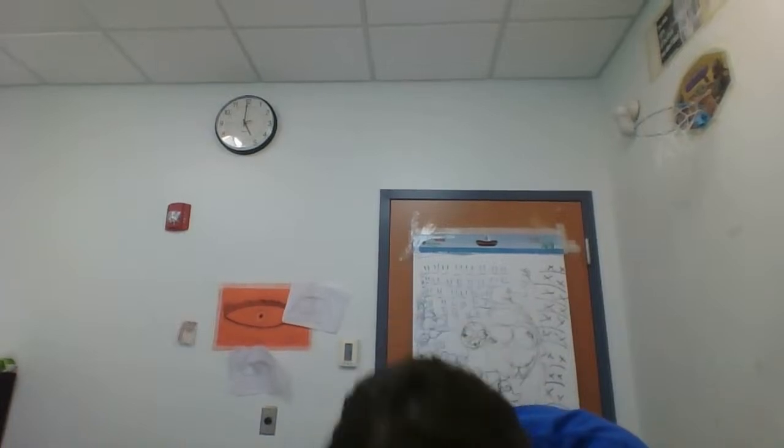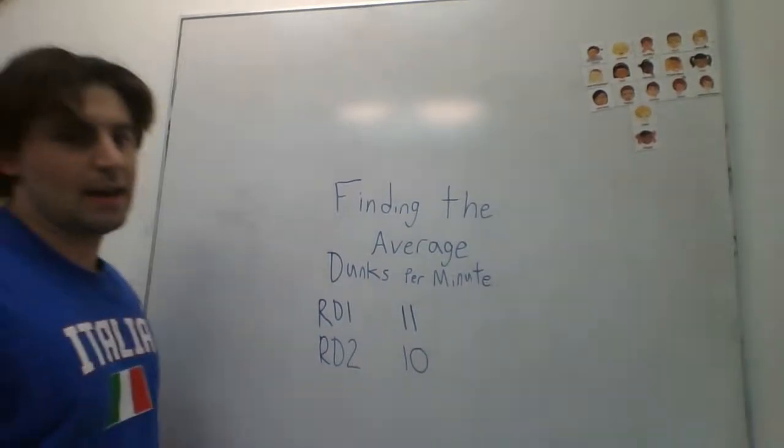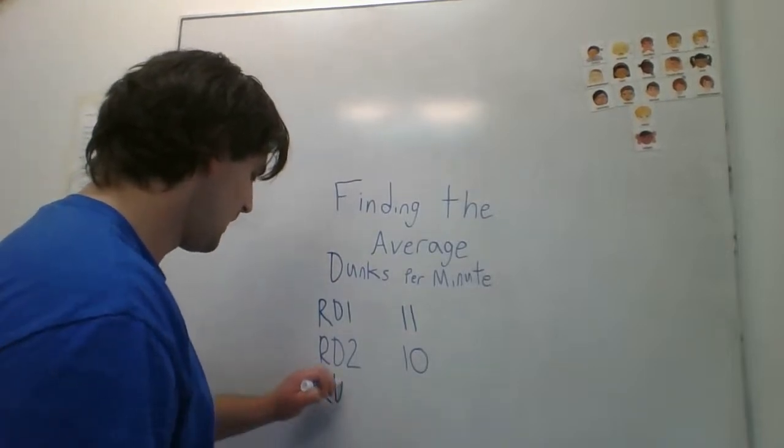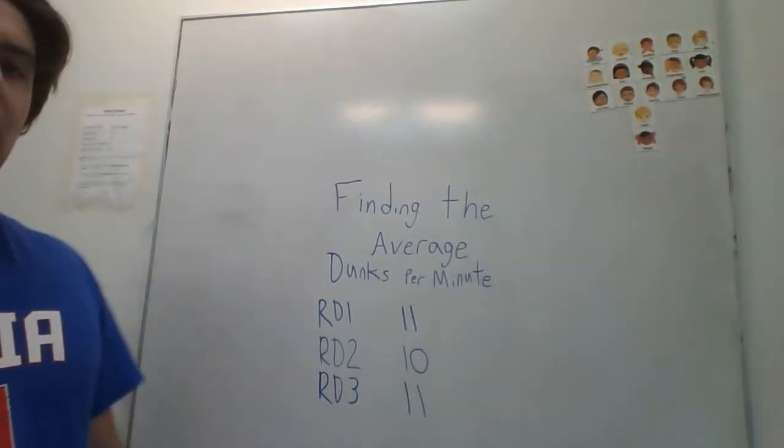I can't count the last one because it was off the rim, not off the backboard. 11 again. So for round 3, 11 dunks again.